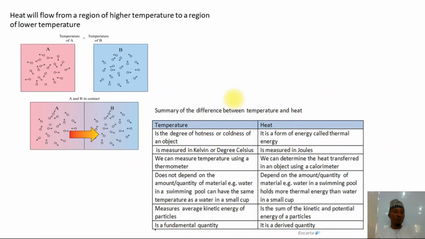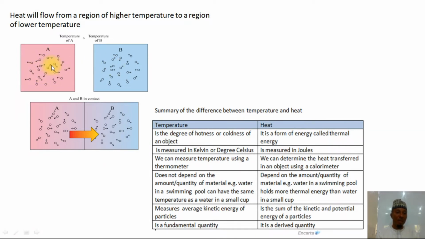Heat can only flow from a region of higher temperature to a region of lower temperature. Remember what I said about temperature as a measure of the kinetic energy. So we can say here A has more kinetic energy since the particles are vibrating more than B. B has less since the particles are vibrating less. Notice the particles here are close together, but these ones are way far from each other.